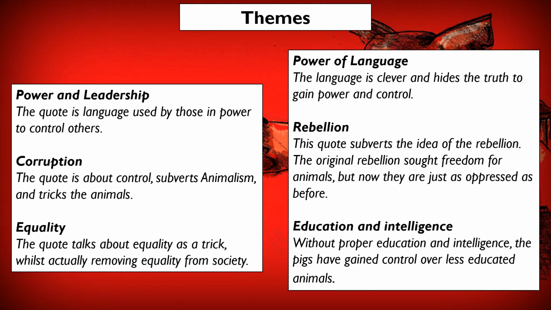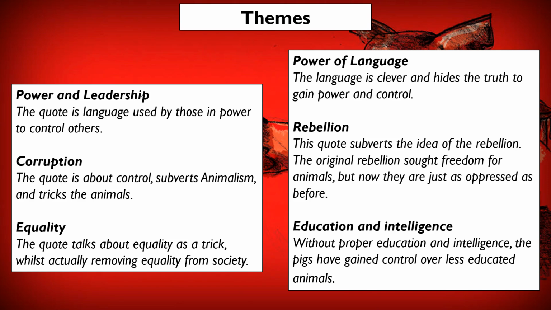If it's about the power of language, well, the language here is very clever. It's used to hide, to obfuscate the truth, to gain power and to gain control. If rebellion happens to be the theme of the question, this quote subverts that idea. This quote's being used to prevent rebellion.